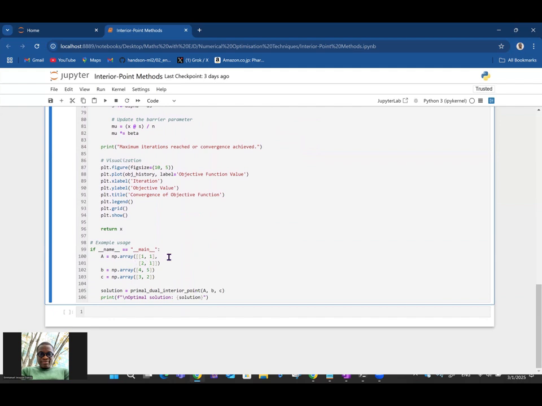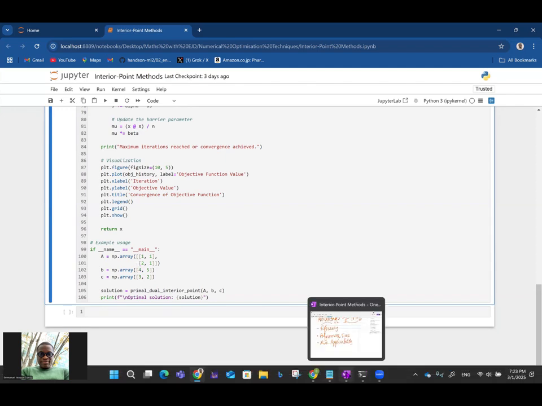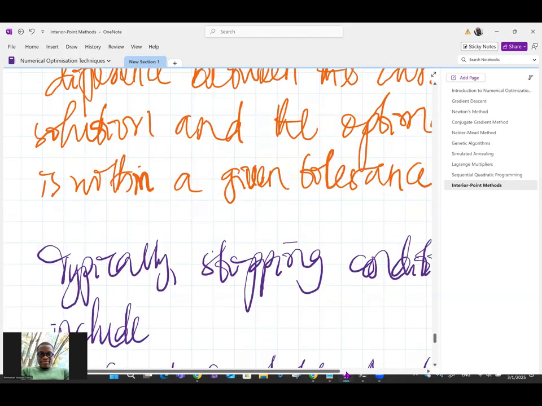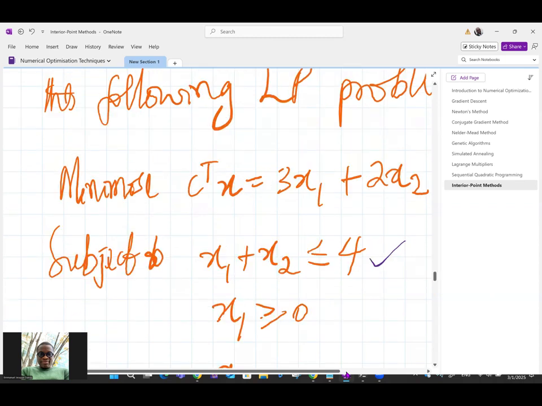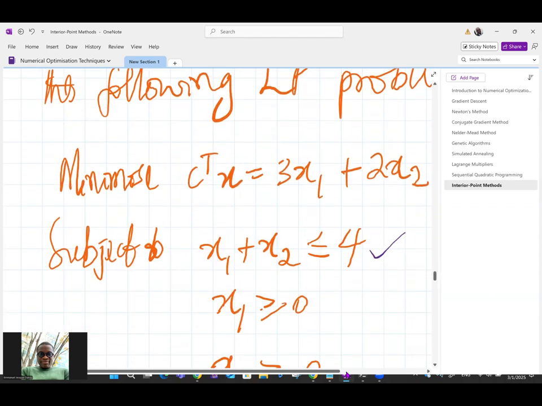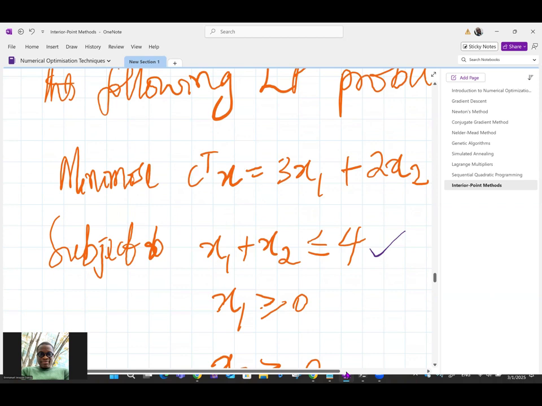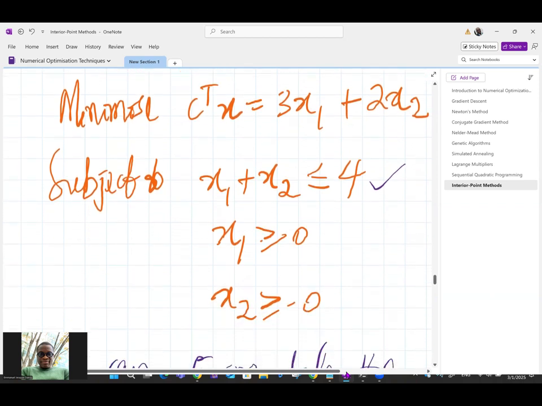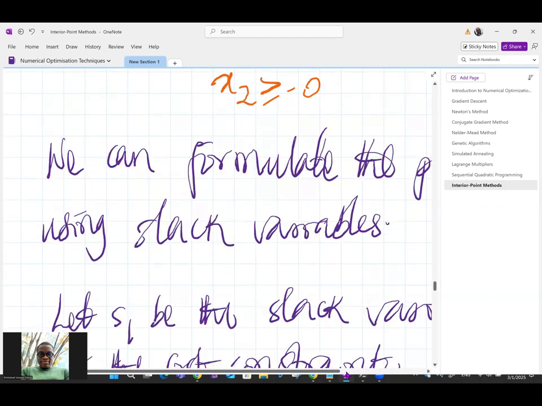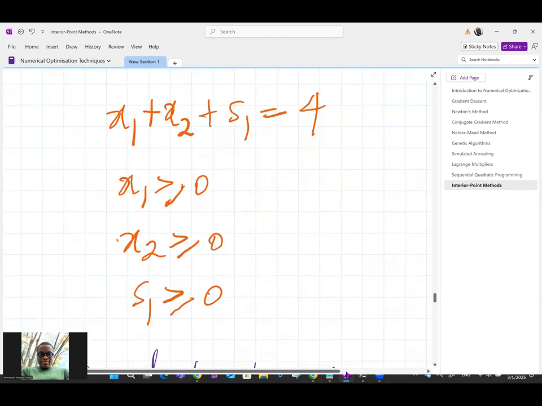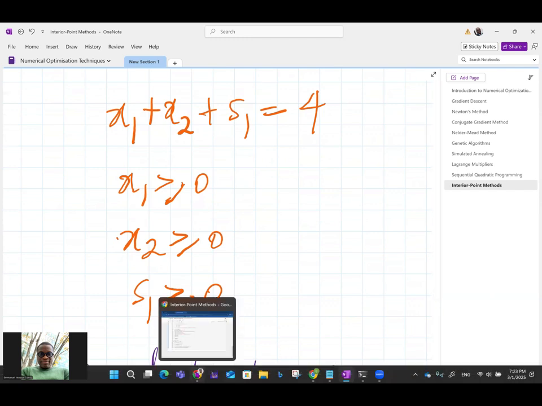If you remember the problem we had, I think we wanted to minimize c transpose x. A itself is 1, 1, 2, 1, I think coming from the problem that was stated before we started explaining. For the constraint we have 1, 1, 4. Let's see how that is implemented.